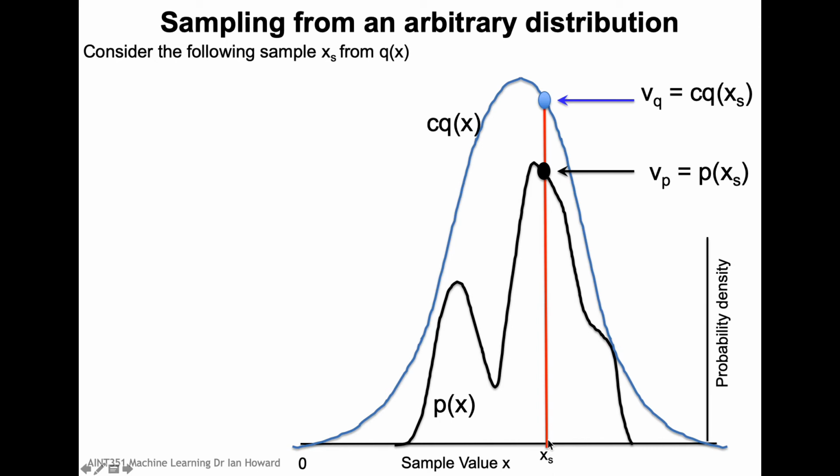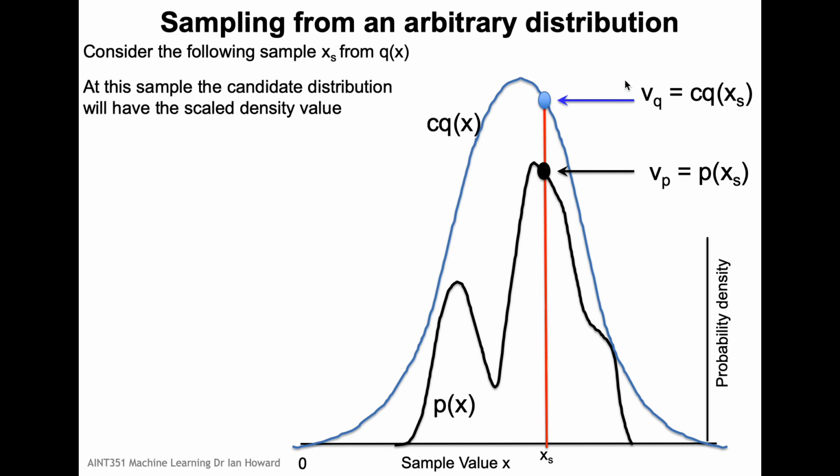And as we can see, if we draw a line all the way up to the top, the density of the Gaussian at that point is actually quite high, whereas the density of the target distribution is a bit lower. So this gives us a nice way of working out with what probability we should throw away this sample.